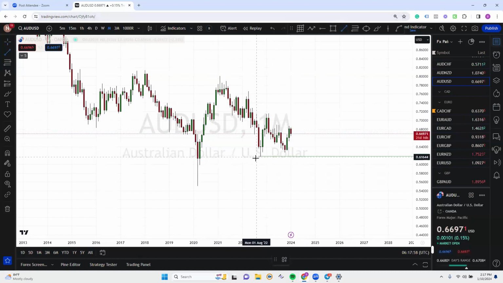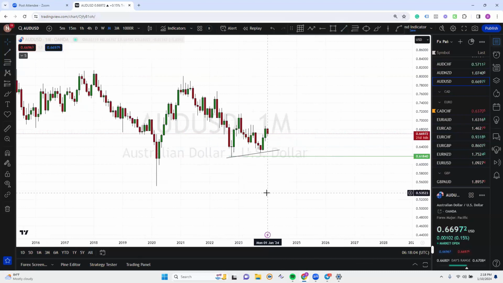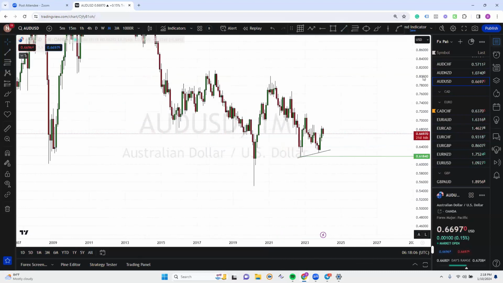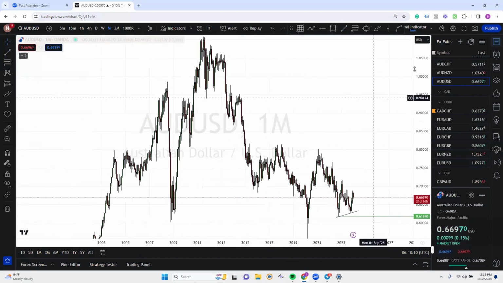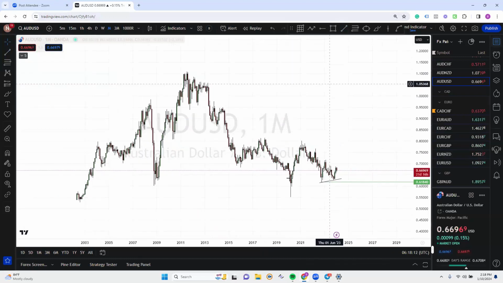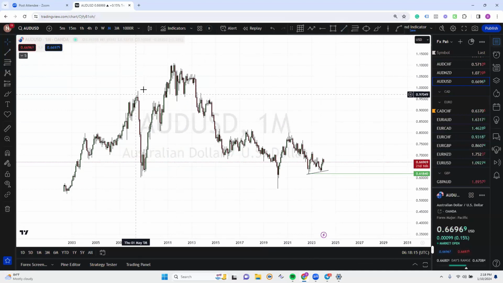Okay, assuming that this one instead of monthly is a weekly, how will you analyze it? If assuming this is not a monthly, it's just a weekly, it will be the same. You can see that we can trade based on this. We take out this one.